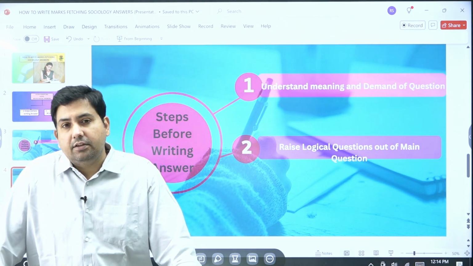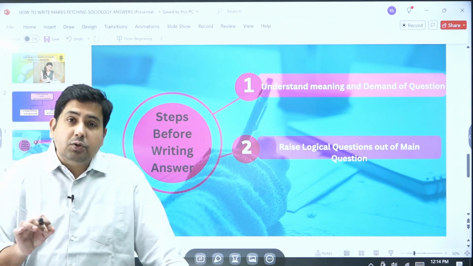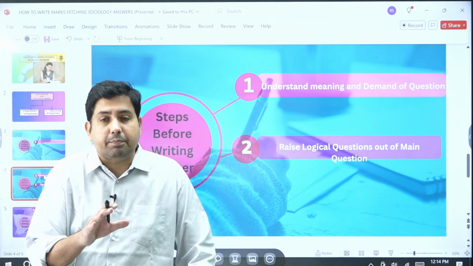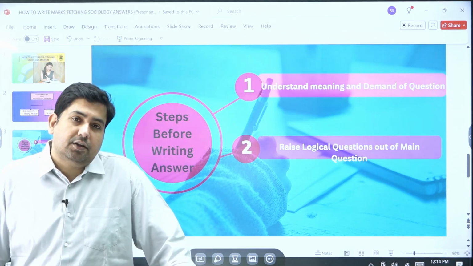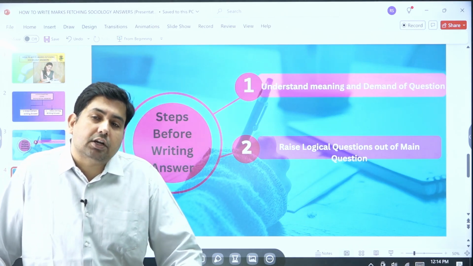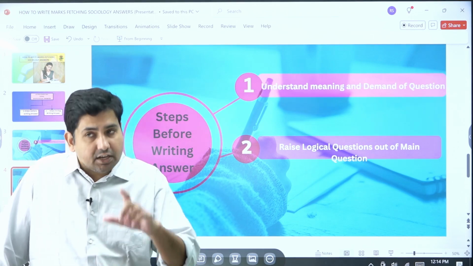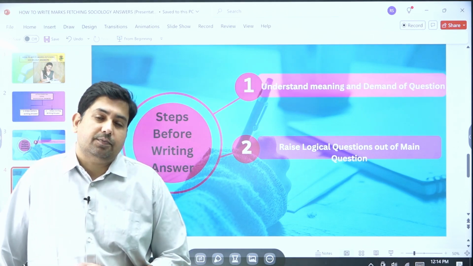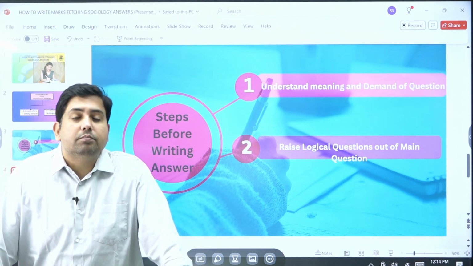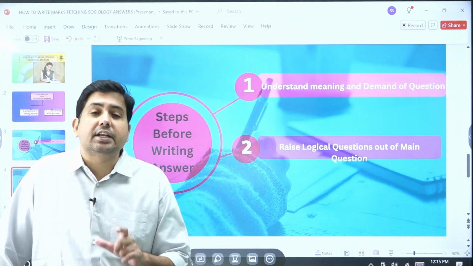Its meaning is: what is collective conscience, and you have to look for the applicability of Durkheim's concept in modern society, whether it is relevant or not. You have to present arguments in favor of and against it, because the question says critically examine. So you must examine that. That is what this question is asking about.